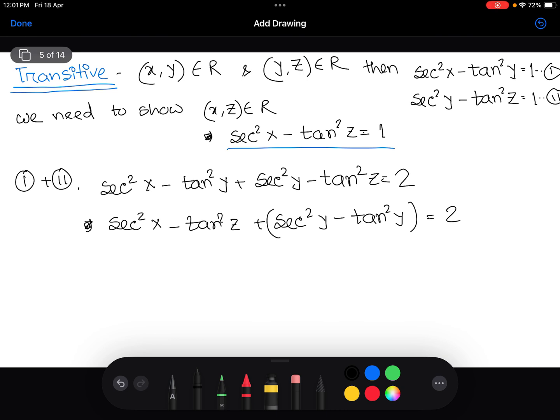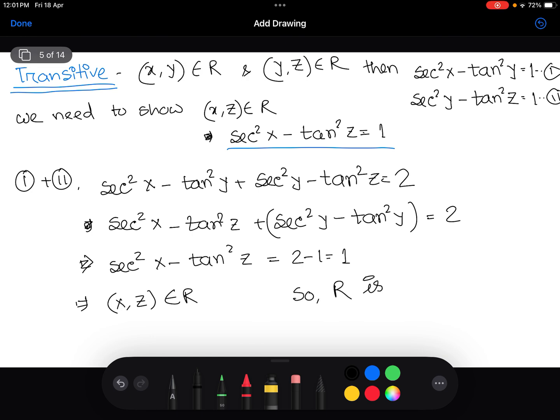Now sec square y minus tan square y is equal to 1. This is a common identity. So if we put that in, sec square x minus tan square z is equal to 2 minus 1, which is 1. So from here we can say that (x, z) is in R. So R is transitive as well. So R is reflexive, symmetric and transitive. That implies that R is an equivalence relation.